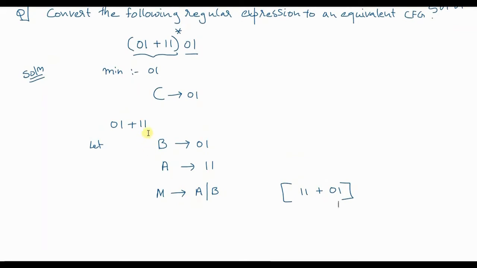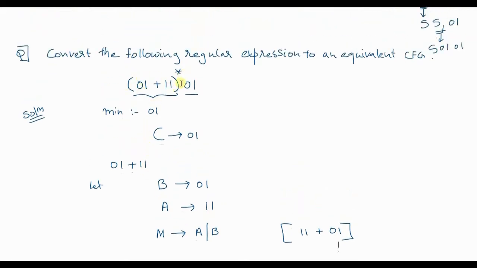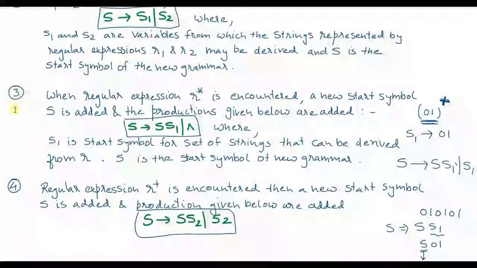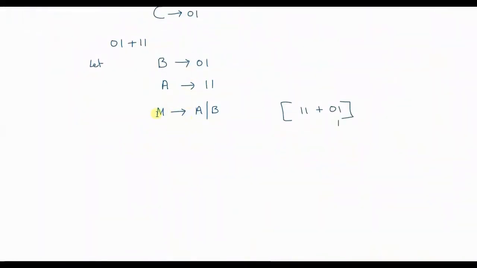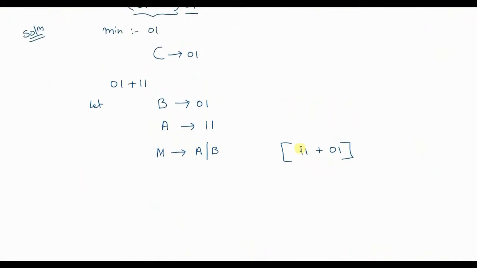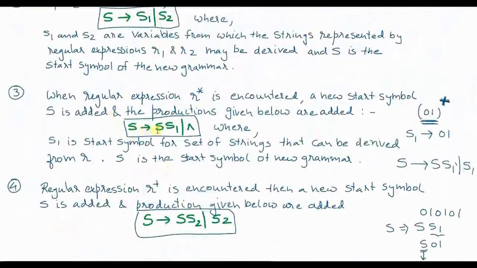Now once we have thought over this, we have to think about star. So we have to think about this third rule. Which is the non-terminal that represents 1, 1 or 0, 1, the inside part of the sub expression, devoid of the closure? It is variable M. Now in the formula, S1 represents the regular expression R, devoid of star.